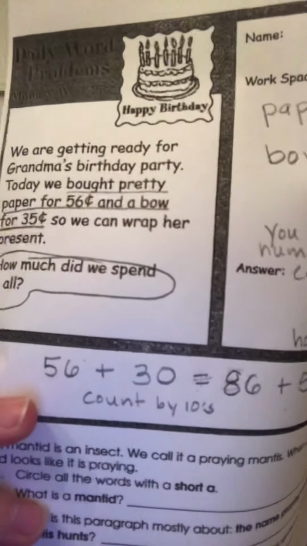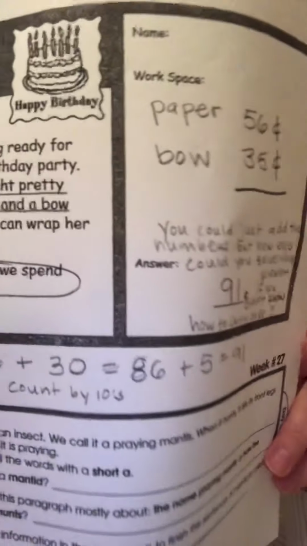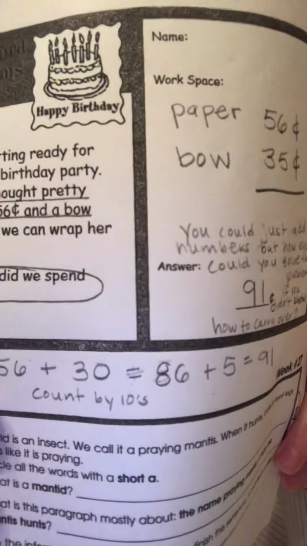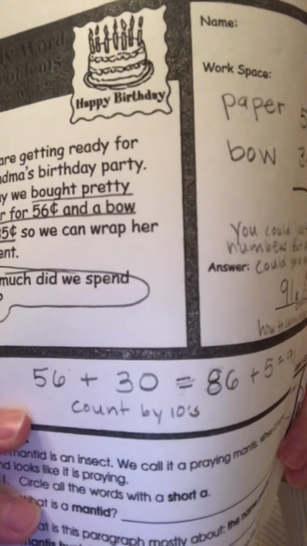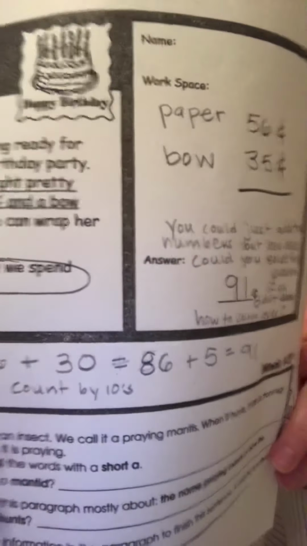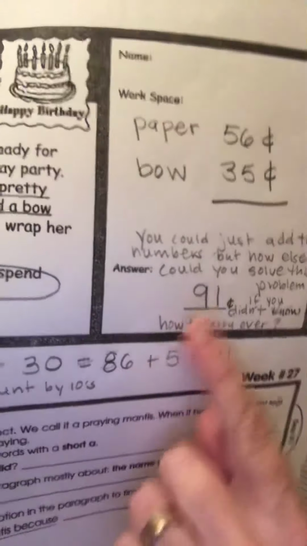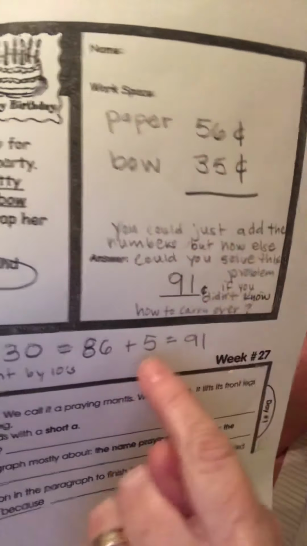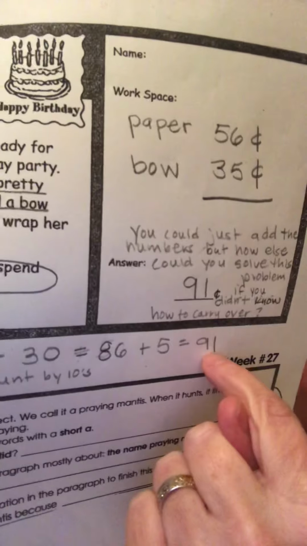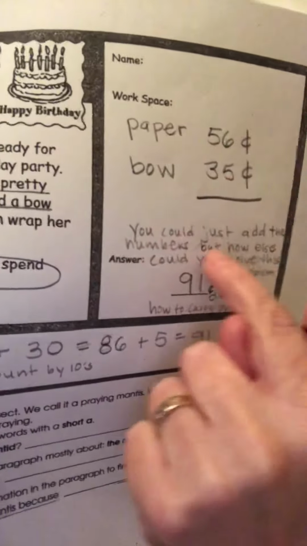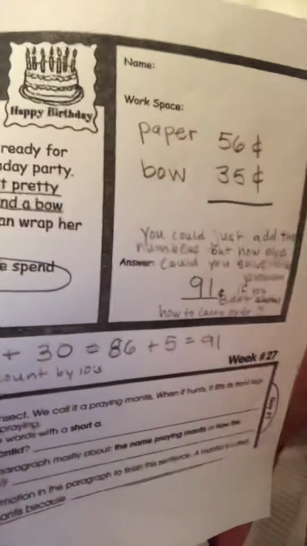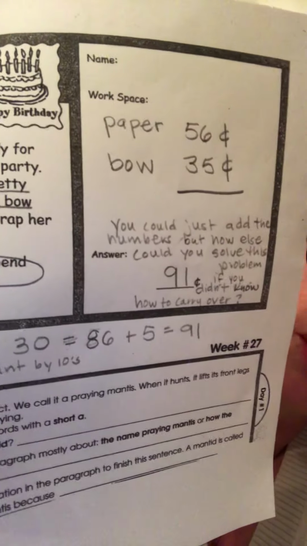So 56, let's see if I can get this on here. 56 plus 30, since it's 35. 56 plus 30 equals, I'm trying to look backwards, 86. And then you're just going to add 5 to that from this 35. And then you'll come up with the same answer, 91, as if you had borrowed and carried over. Or carried over, not borrowed. Okay? I just wanted to show you that. All right, so that's early bird from yesterday.